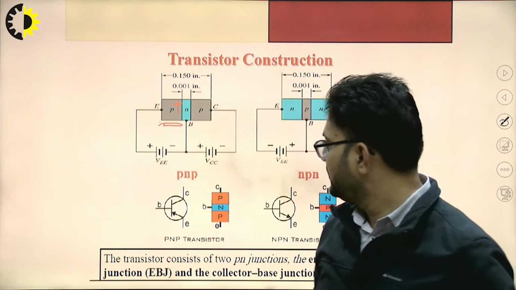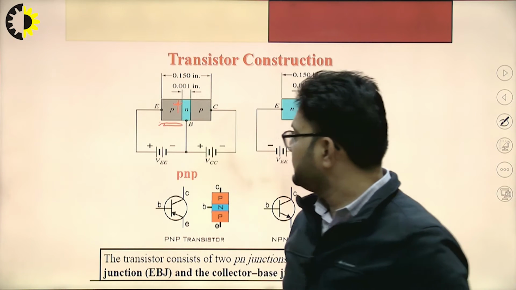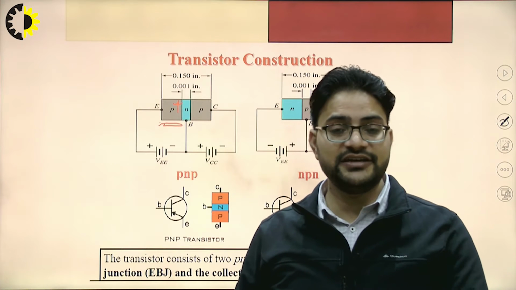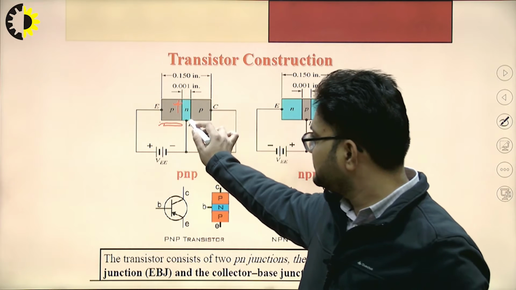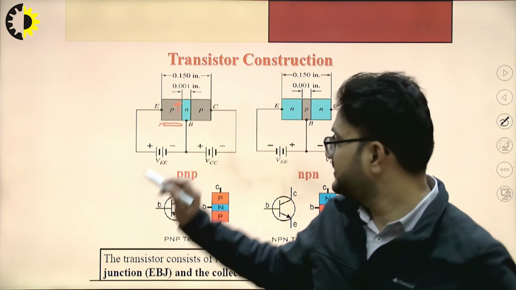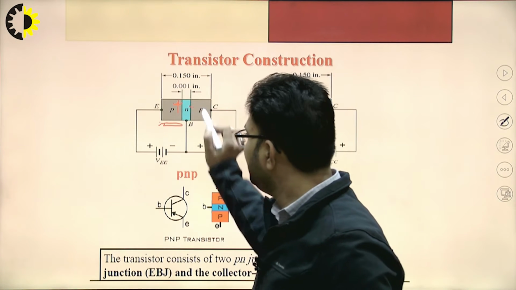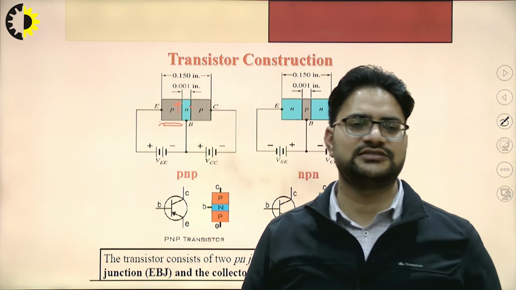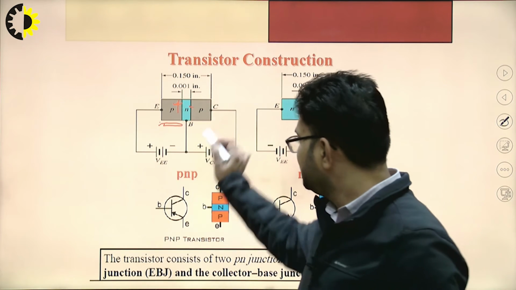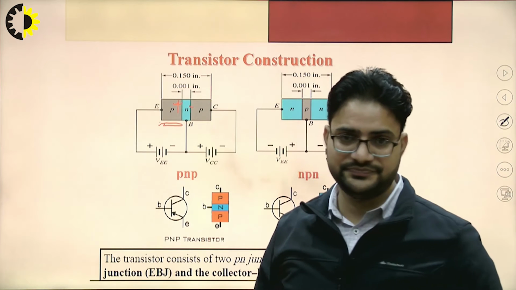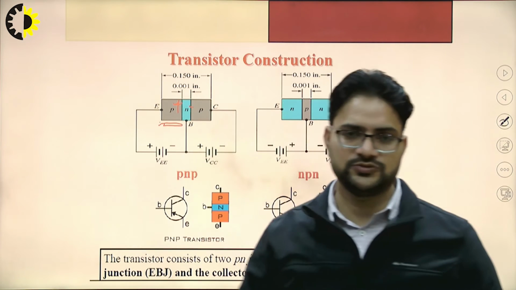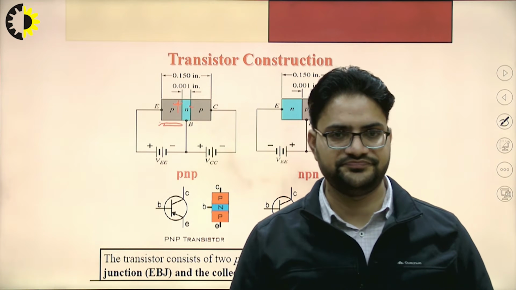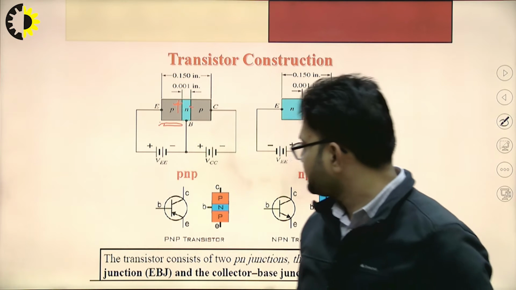Next, this N side, in this PNP transistor, is very lightly doped, that is N negative, you can say. And the P region of the collector is moderately doped. So I can just leave this as it is, right?